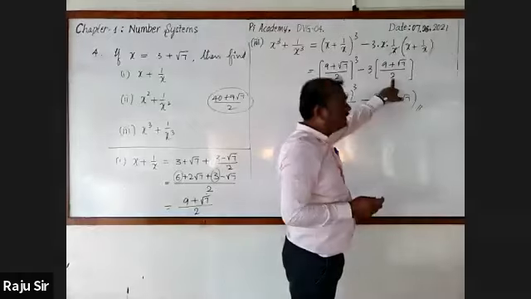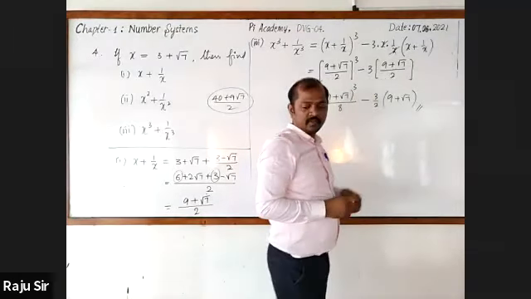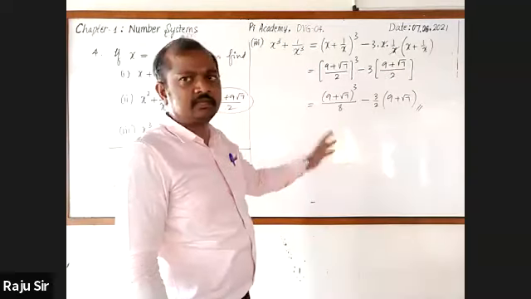In the denominator 2 is there, so that I have taken 2 here. Yes, I know that. Sir, we should take 9 plus root 7 divided by 2 also, sir. Yes, you can take that also.